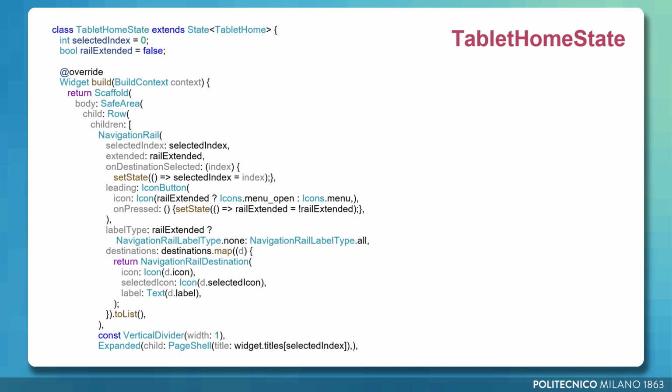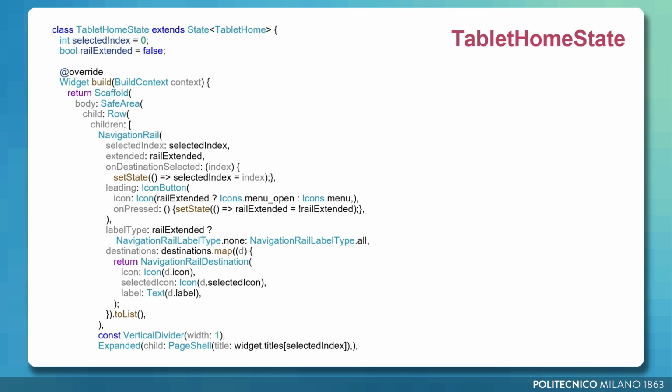We also define the leading widget, which is an icon button placed at the top of the rail and used as the button that, when pressed, opens or closes the rail. Then we have the label type. Here we can use the ternary operator and make the choice based on railExtended.